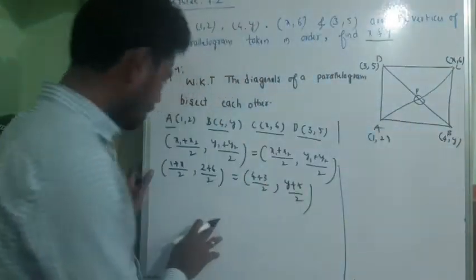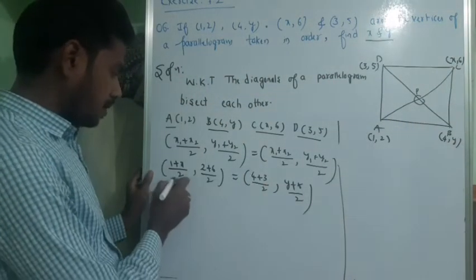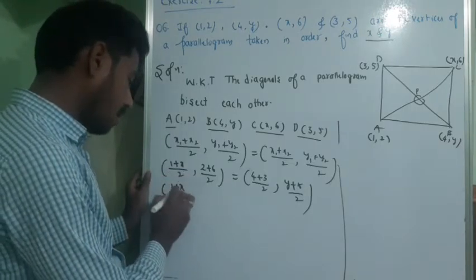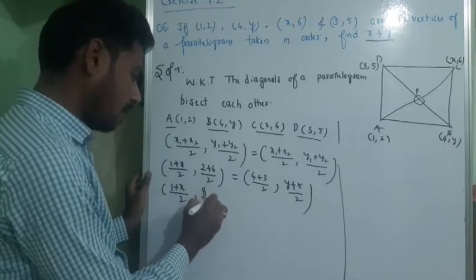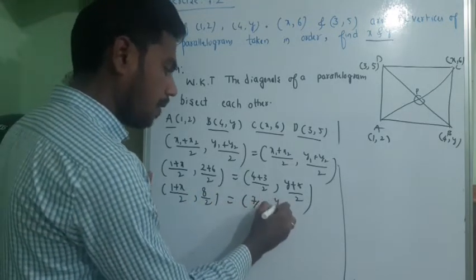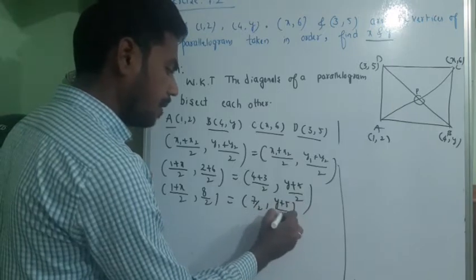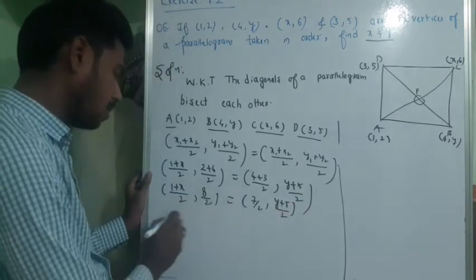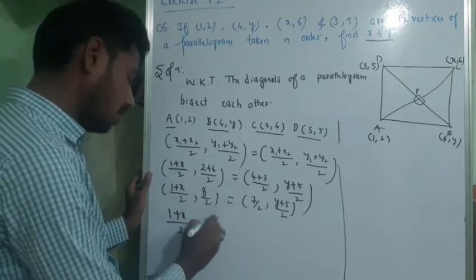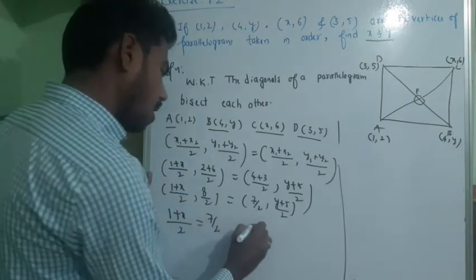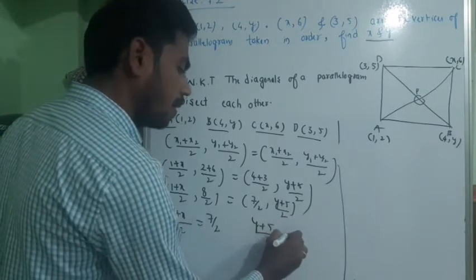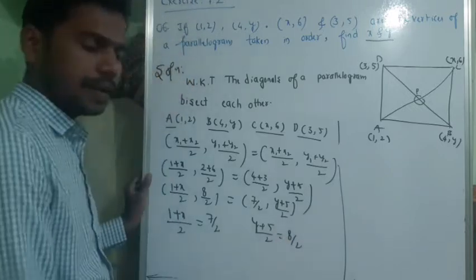Now what can we write? (1 plus x)/2, 8/2 is equal to 7/2, (y plus 5)/2. We will compare. (1 plus x)/2 is equal to 7/2 and (y plus 5)/2 is equal to 8/2.